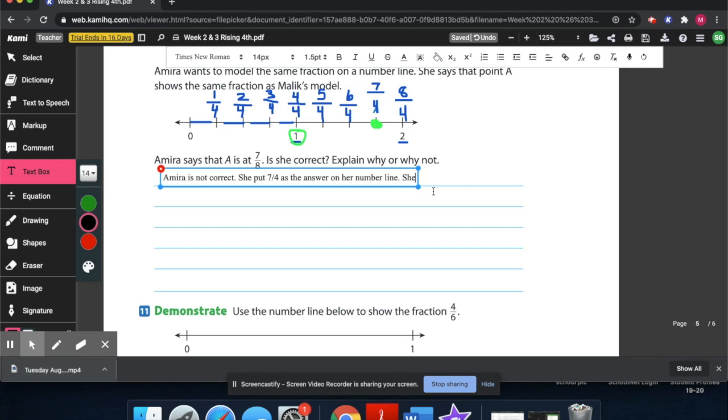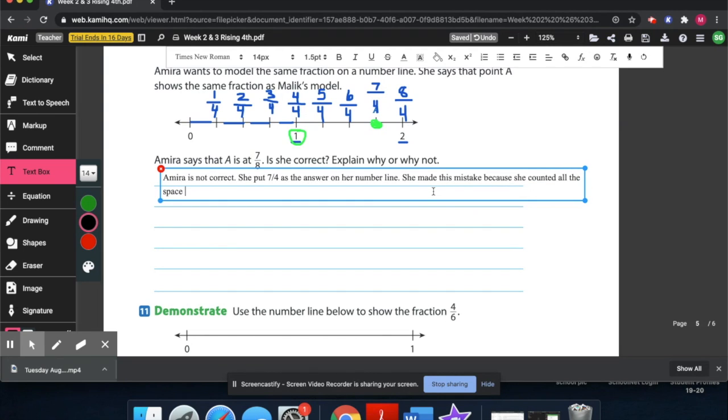She made this mistake because she counted all the spaces instead of counting the spaces between each whole number listed.